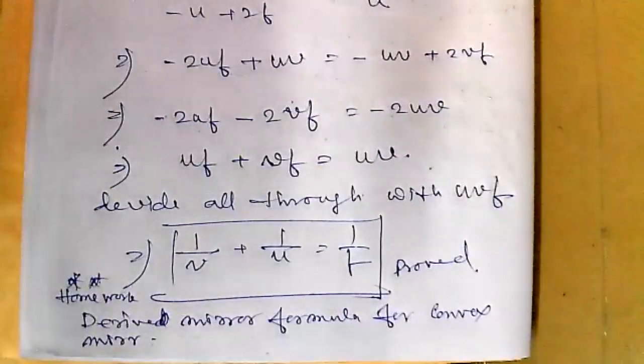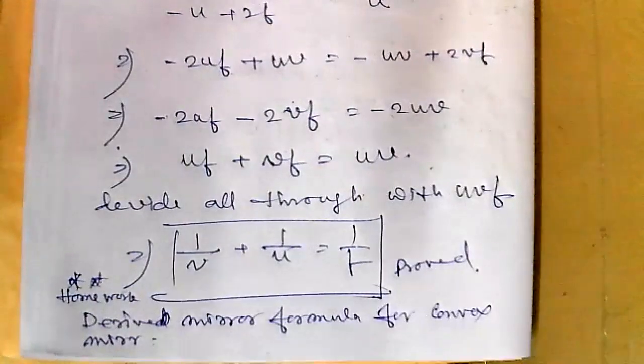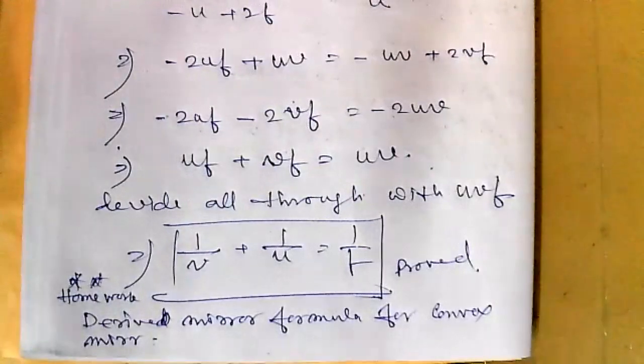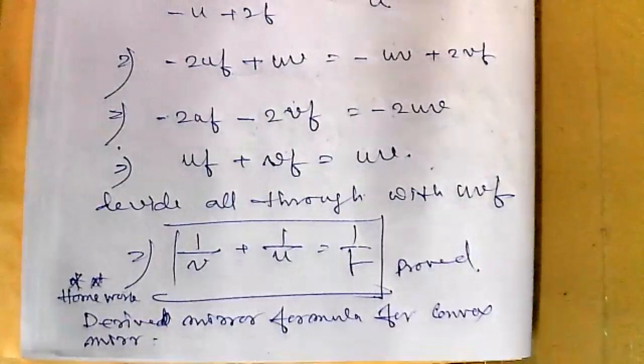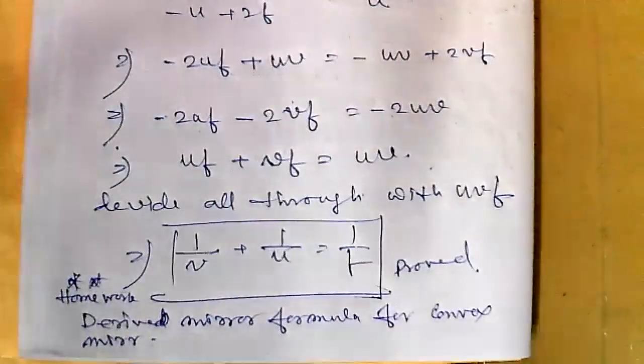Another term was there that deals with the ratio of height of object and the image. This is called linear magnification.